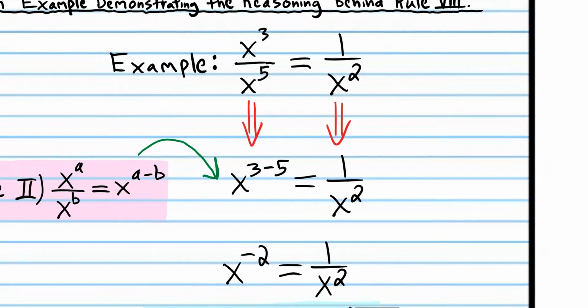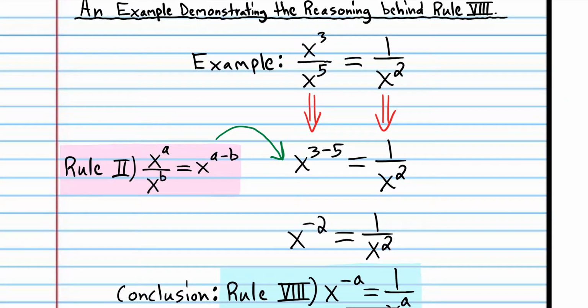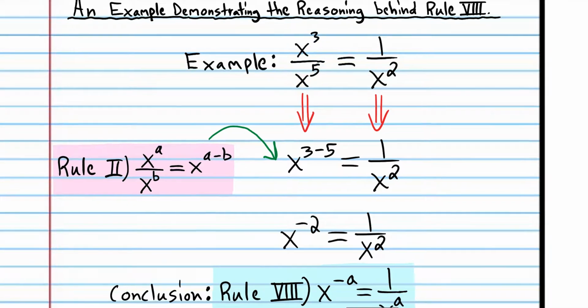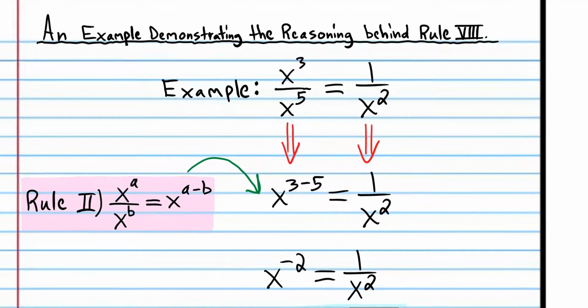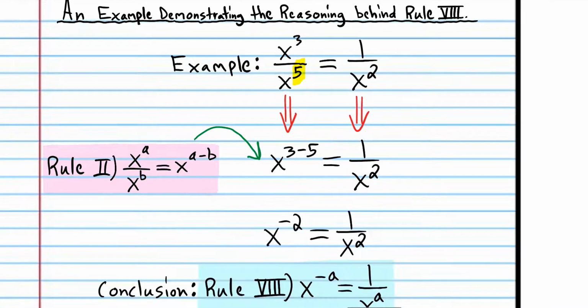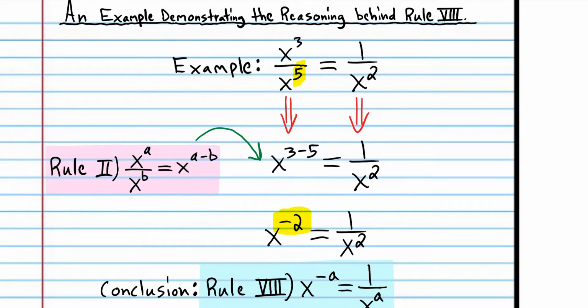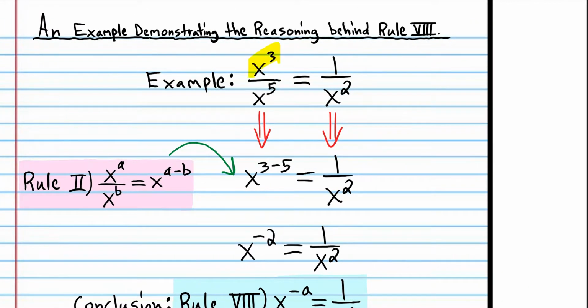So it may have been a while since you did a problem like that, but that's just the way those work. Now, let's take rule number 2 over here and apply it to this expression in yellow up here. Remember, when you divide powers, you subtract the powers. So now we're subtracting the powers, but wait a second. Because the exponent in the numerator is smaller than the exponent in the denominator, we have 3 minus 5, which is a negative number. Okay, so we know this expression is equal to 1 over x squared.